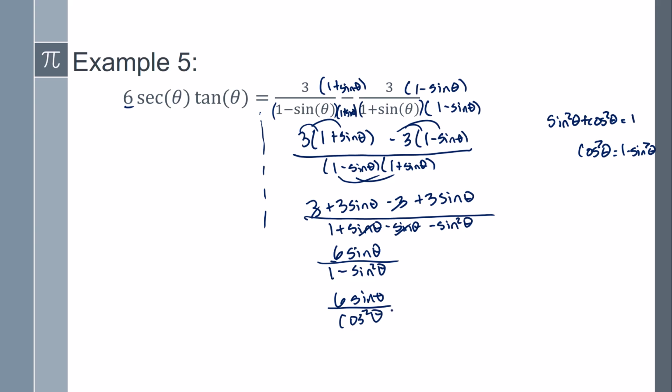And now if I imagine this broken up, that's cosine times cosine. That's what cosine squared is. So I have my 6. I just broke that up like that. So now I have sine over cosine, that gives me my tangent theta. And then 1 over cosine gives me my secant theta.